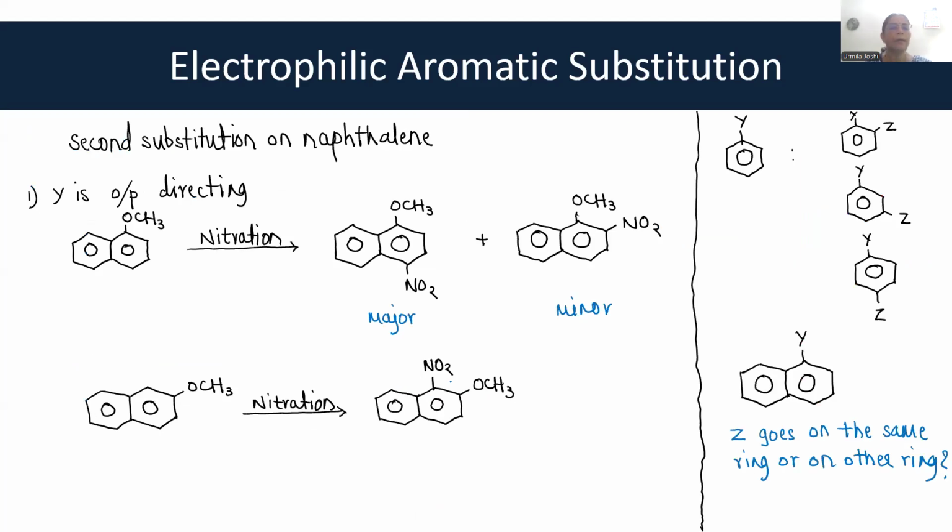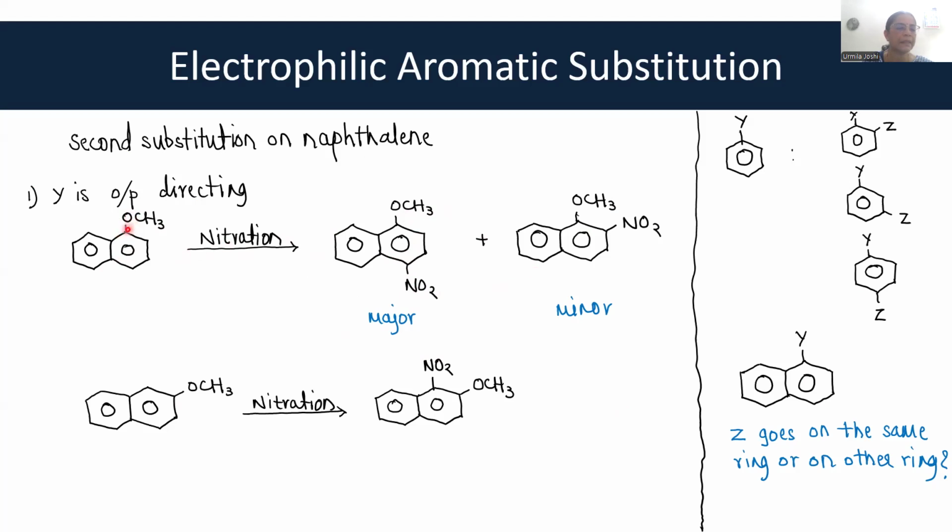Now, coming to second substitution on naphthalene. When there is already an existing group, how does electrophilic aromatic substitution go? It is easier to remember this, okay? If the existing group that is already present on the naphthalene ring is ortho-para directing, then the second substitution occurs on the same ring.